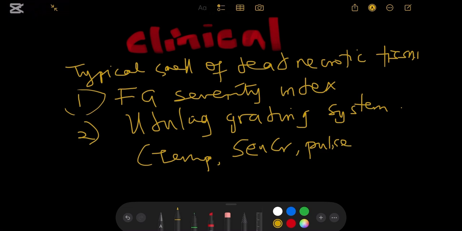And of course, we're expecting to check the white blood cell count since it's an infection. So these are the ways you are going to use to grade it. So you cannot just come and say Fournier's gangrene. You have to say something like Fournier's gangrene grade 3, grade 4, or whatever, depending on what you use to grade it.